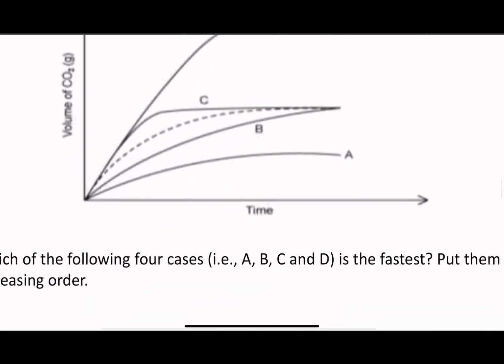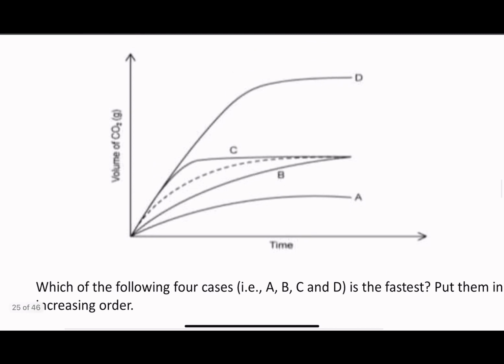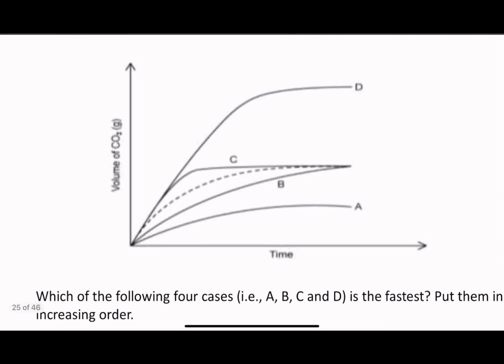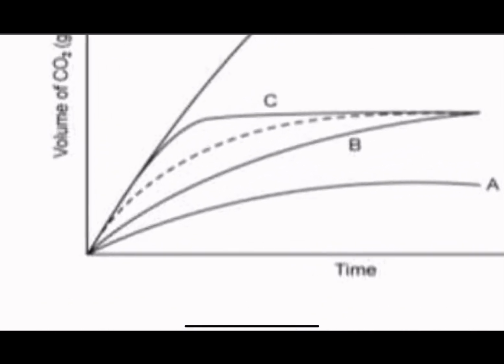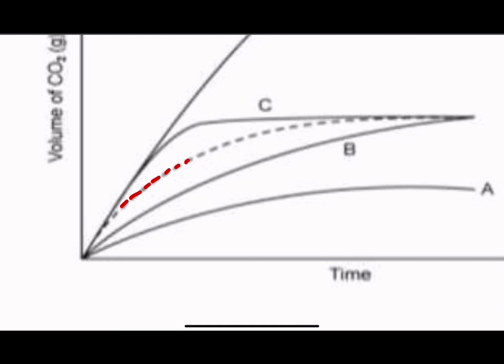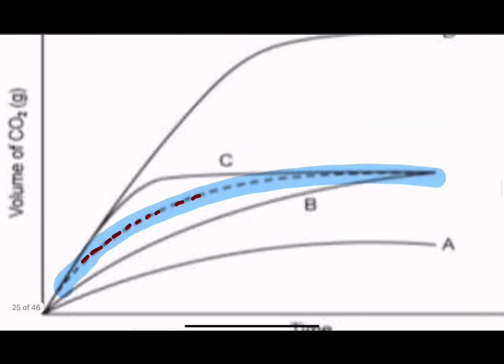This is the question that we had in your exam for test 3. For example, from here, as you see, we got the dotted line, right? This is the dotted line that we have. Let's compare the rates of different cases.